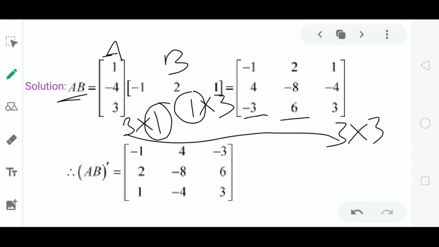For the next element lying in third row, second column, consider third row of A and second column of B. 3 into 2 is 6. For the last element lying in third row, third column, consider third row of A, third column of B. 3 into 1 is 3. These are the elements of the matrix AB.